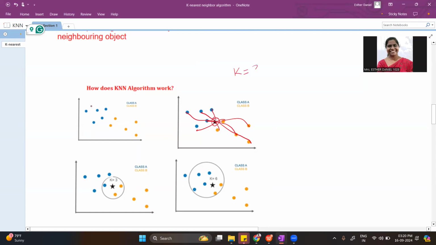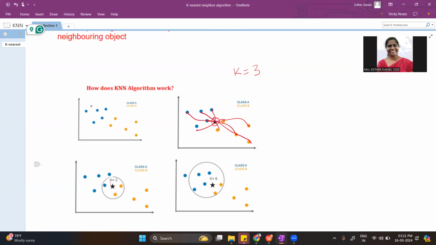So here, when K is equal to 3, we have to consider 3 neighbors. After finding out the distance, we have to order the data points in ascending order. As K equal to 3, we have to take only 3 neighbors.